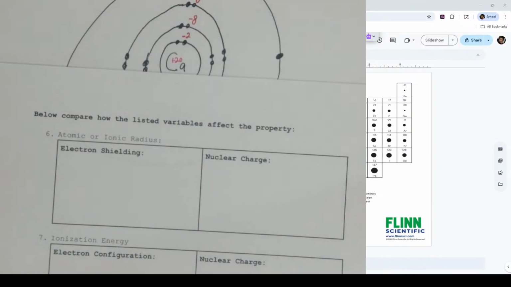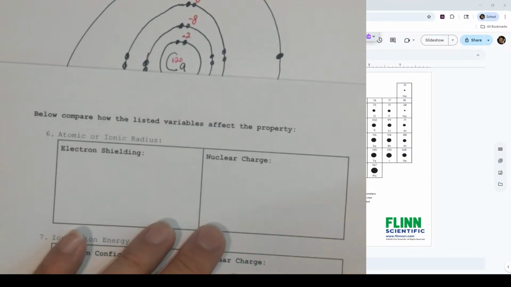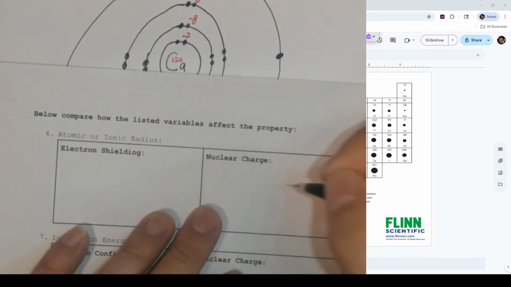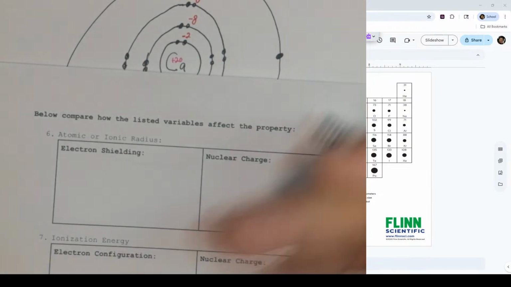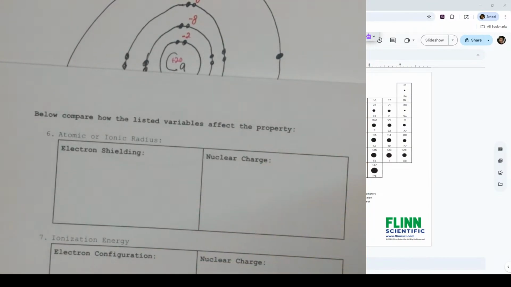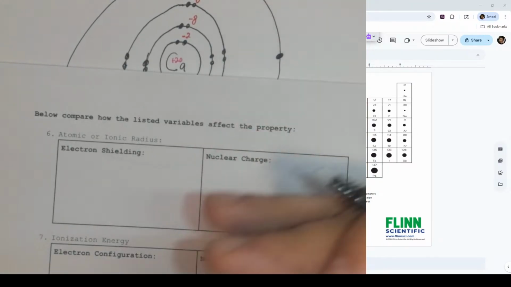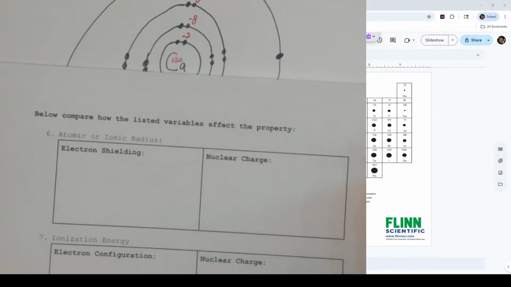What does change is I start to have more electrons. And as I add more electrons, my nuclear charge is not as sufficient at pulling them in, which is why my anions tend to expand, and my cations, since I lose an entire shell, there's not as much shielding.